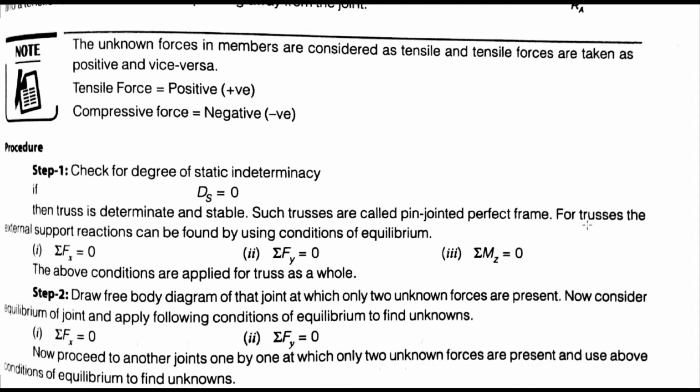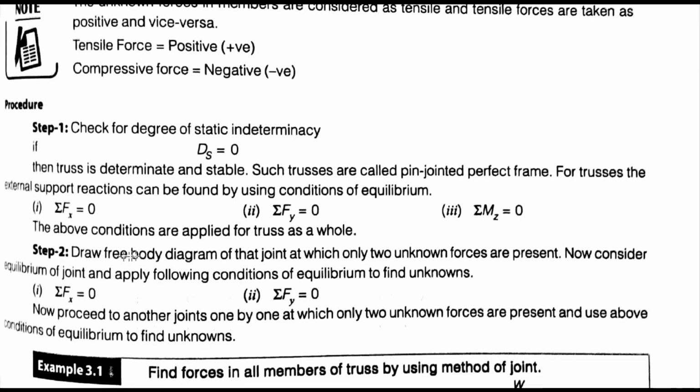For the process, the external support reactions can be found by using conditions of equilibrium like summation of Fx = 0, summation of Fy = 0, and summation of Mz = 0. Step 2 is to draw the free body diagram of the joint at which only two unknown forces are present. This is important.